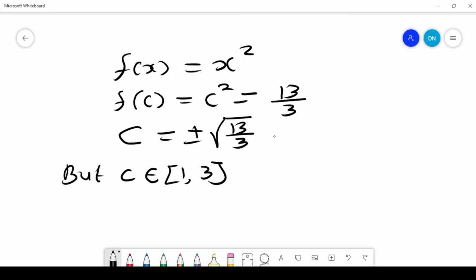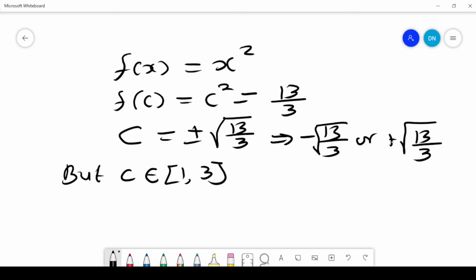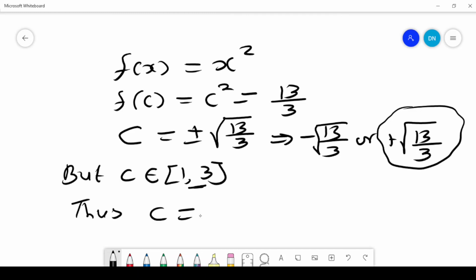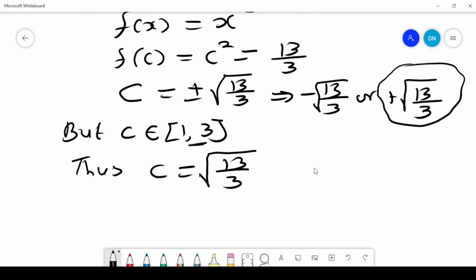And we can clearly see from this we have negative square root of 13 over 3, or we have positive square root of 13 over 3. And out of these two values, it is only this value that lies in the interval of 1 to 3. Thus, we can conclude that c is equal to the square root of 13 over 3. And that is the value of c for integration.